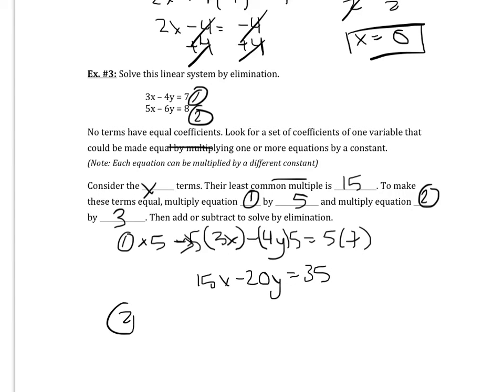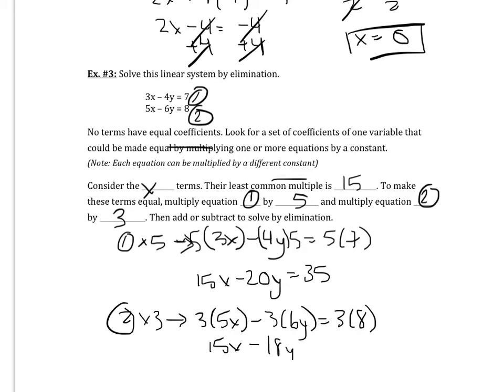For equation 2, I'm multiplying this by 3, so this becomes 3 times 5x minus 3 times 6y equals 3 times 8. This becomes 15x minus 18y equals 24.